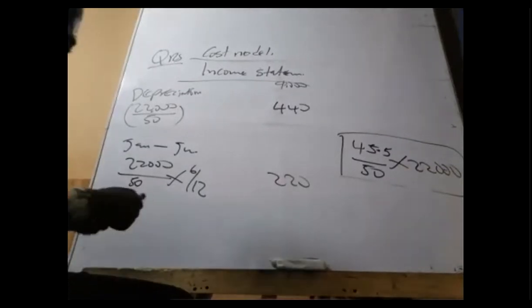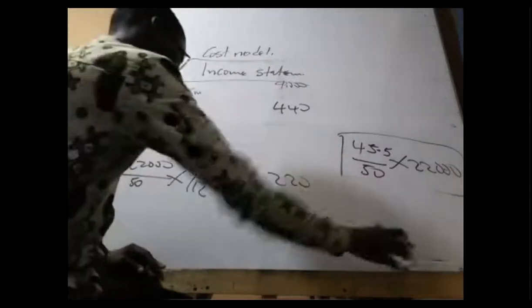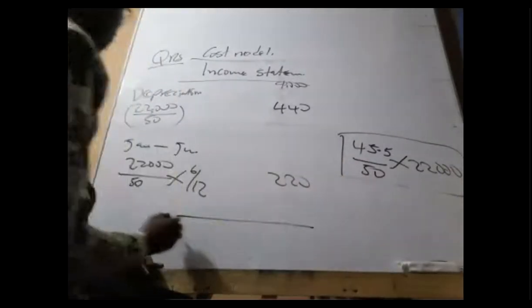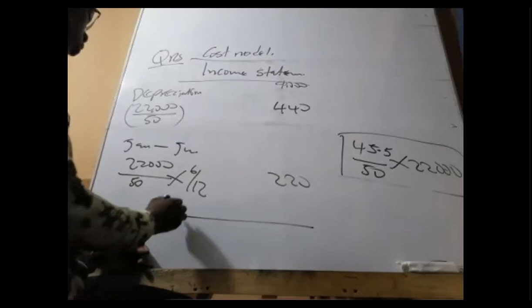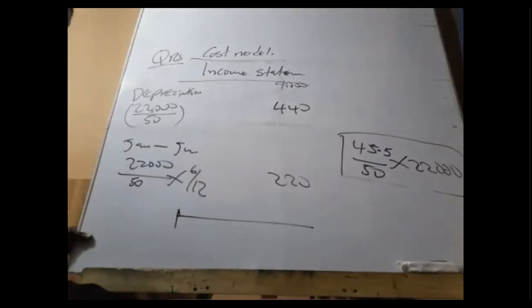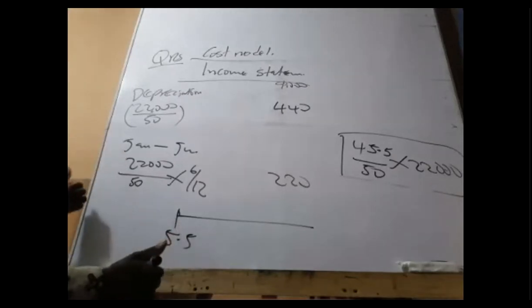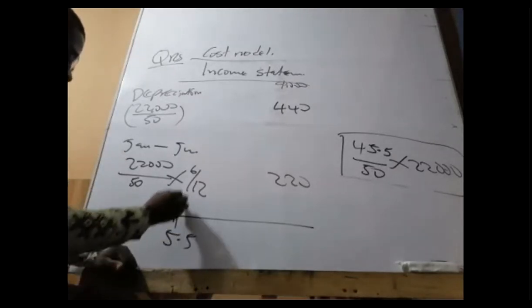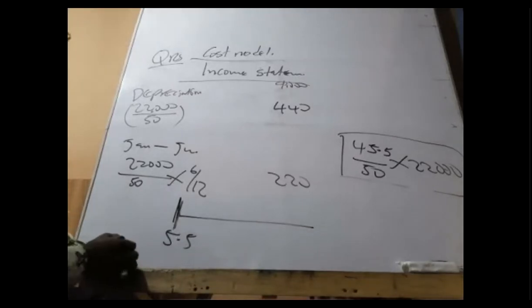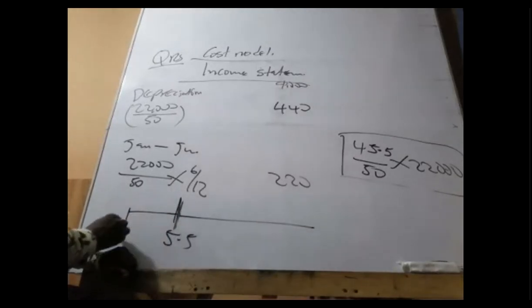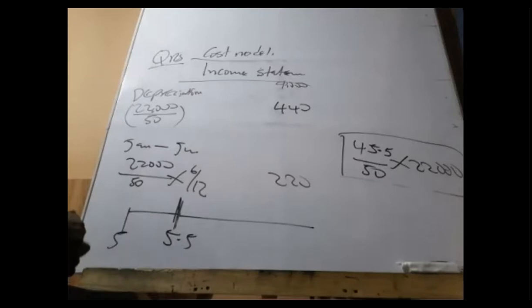Now, let me explain why I'm doing this. We bought the asset some years ago, and we were told that 5.5 years ago is when we did the transfer. So let's say this is the date. This is 5 years, and it's 5.5.